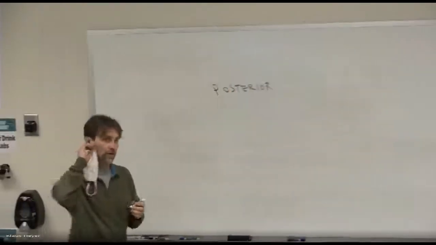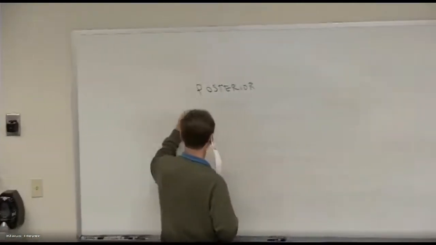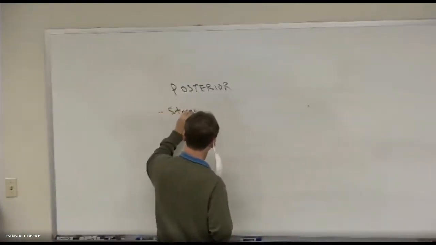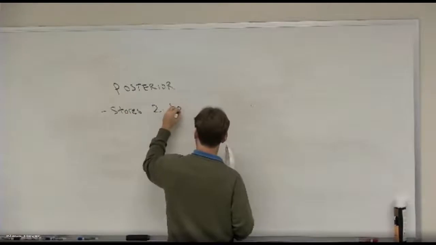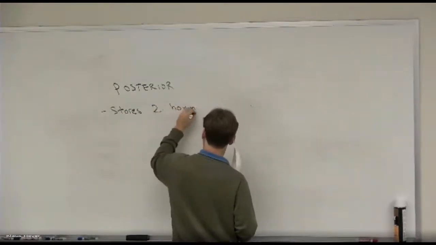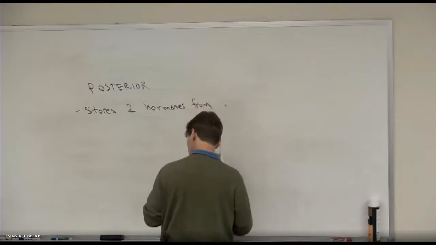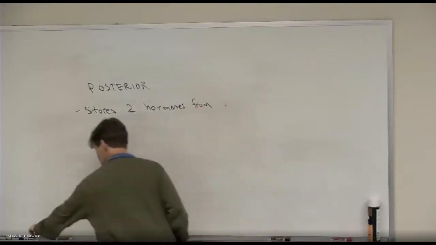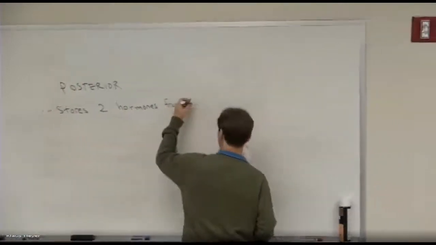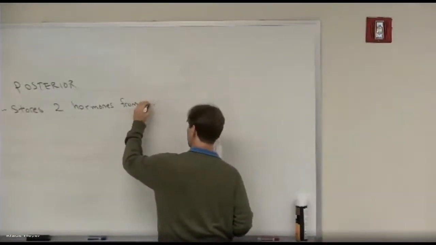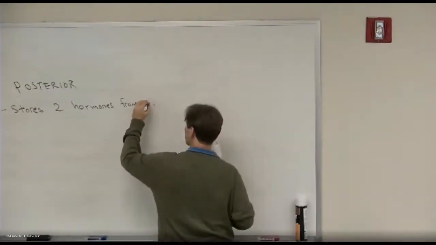It holds, it stores two hormones from the hypothalamus. That pen sucks. So the hypothalamus has made two hormones and it's storing it inside the posterior lobe.